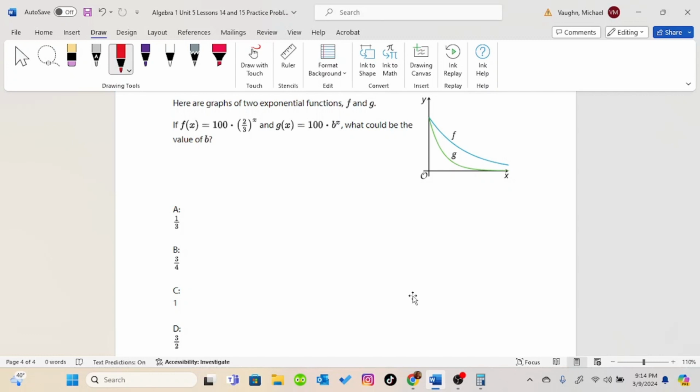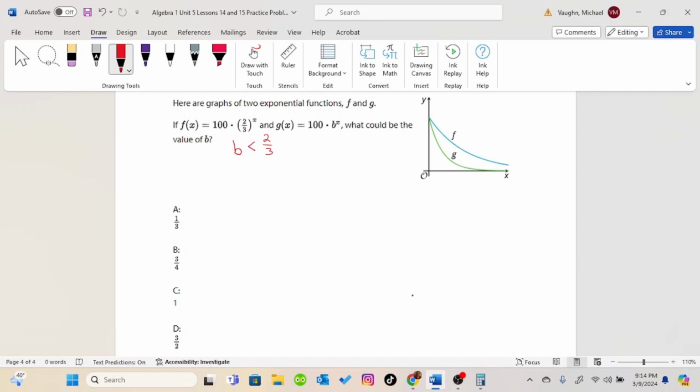That means b is the growth factor, and we see that g is decreasing quicker than f. That means the growth factor for g must be smaller than the growth factor for f. So b has to be less than 2/3.